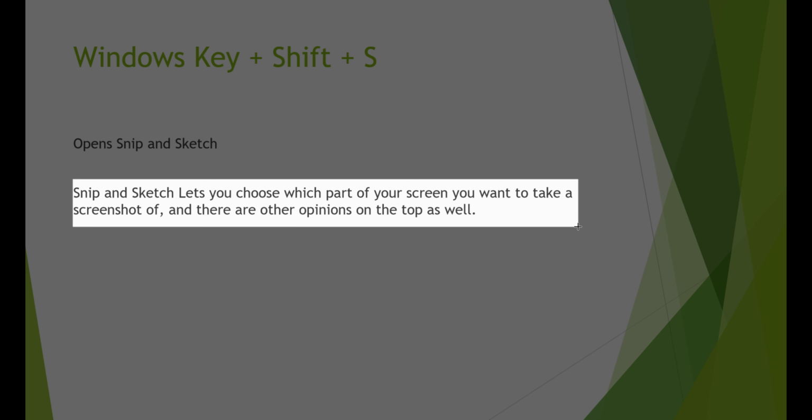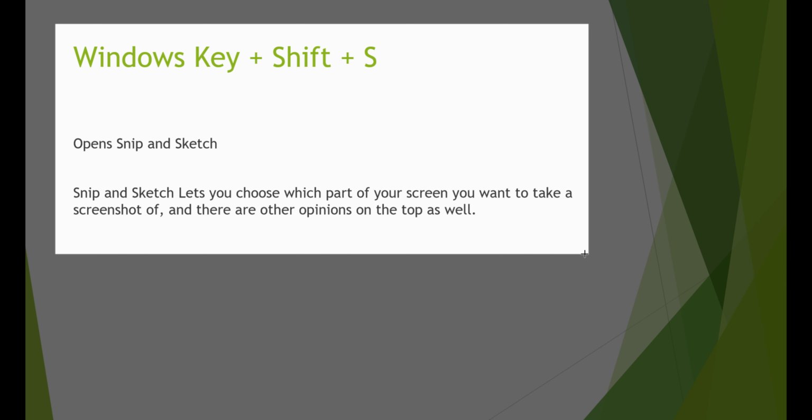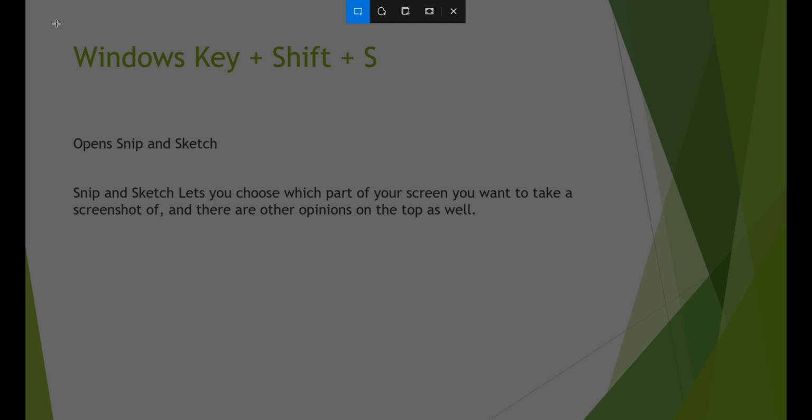So if you want to take a screenshot, there are options. Over here is a rectangular snip. You can choose which part you want to take a screenshot of. There's also a free-form snip that you can choose if you want to snip freely.